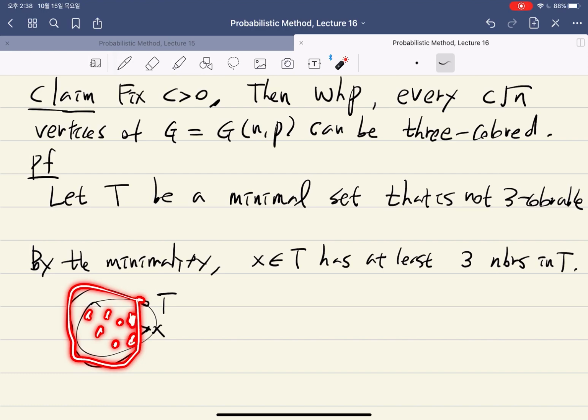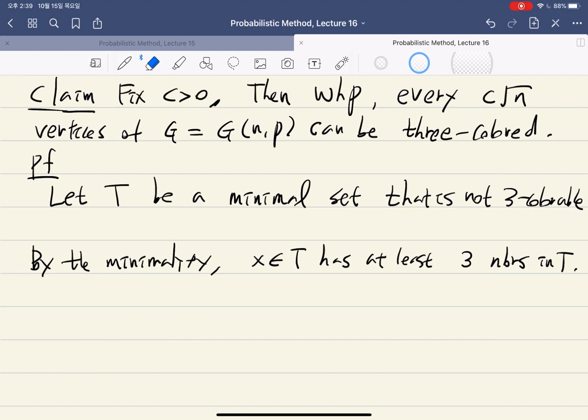Say this neighbor is red, this is blue, then we color x with the third color, and you can extend this coloring to a 3-coloring of every vertex in T, which is a contradiction to the assumption that T is not 3-colorable.